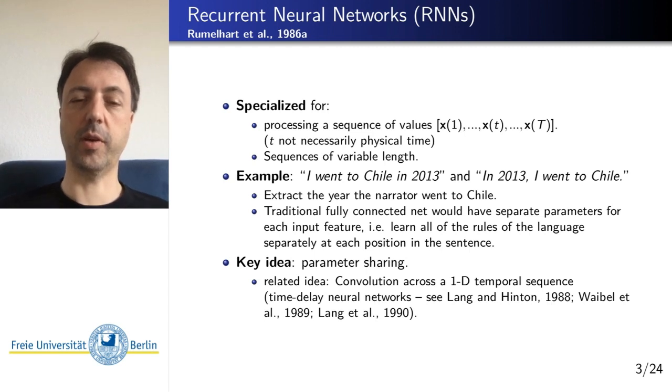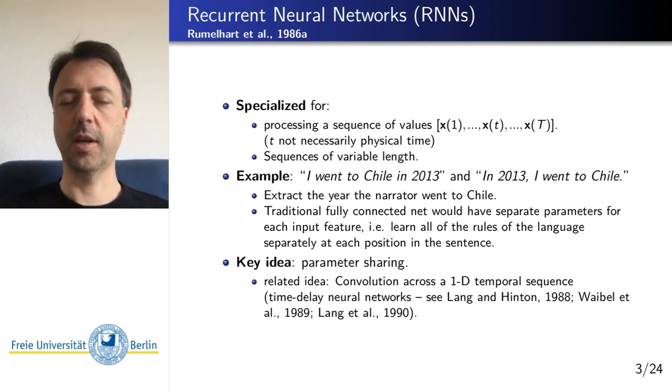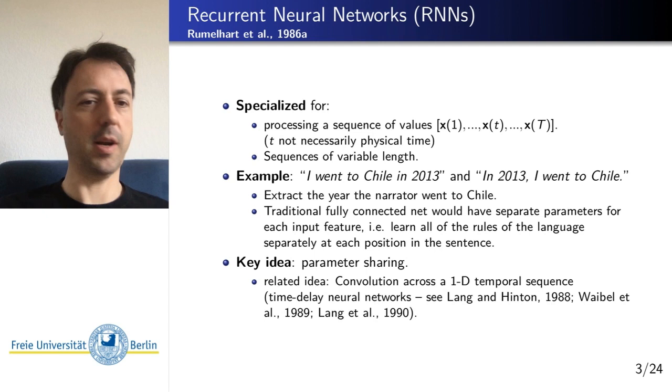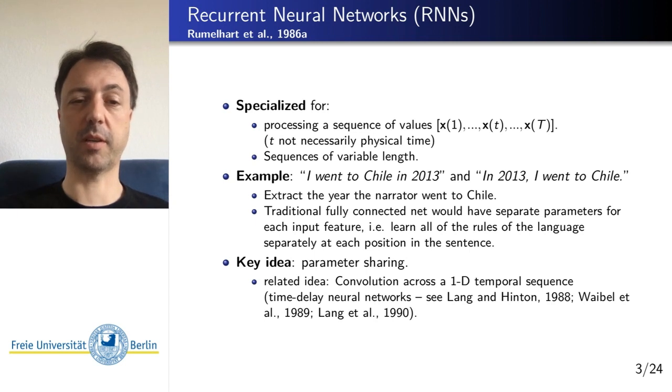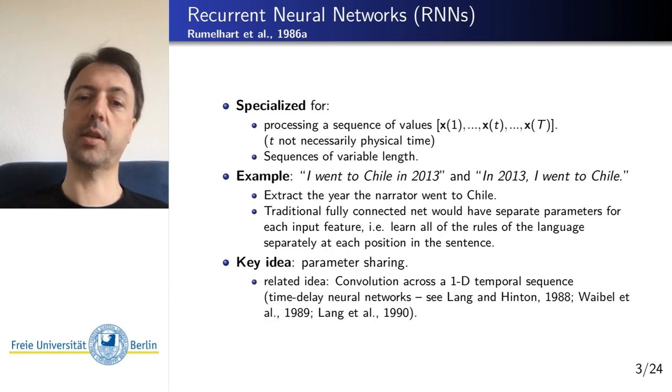So therefore, we learn certain feature detectors once, and then we apply them, in the case of convolutional kernels, irrespective of where we are in the image. We apply them in every pixel neighborhood. And basically, we want to do something very similar here. So we want to share the rules that we use to recognize certain features across the sequence.